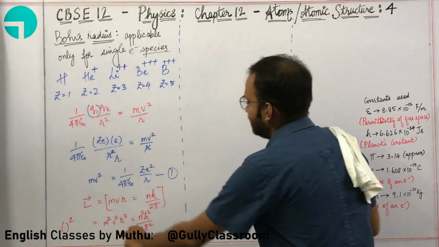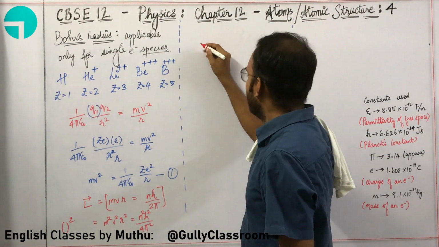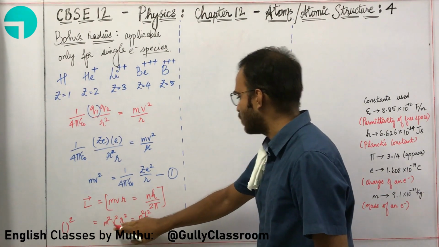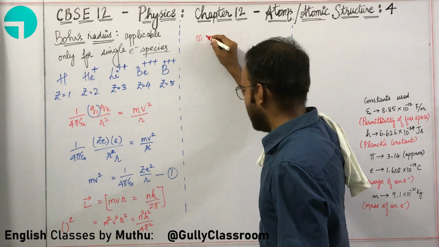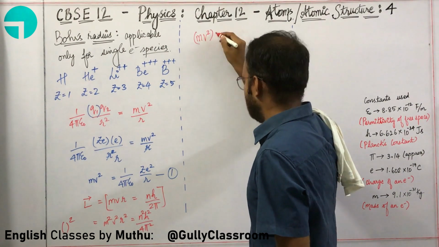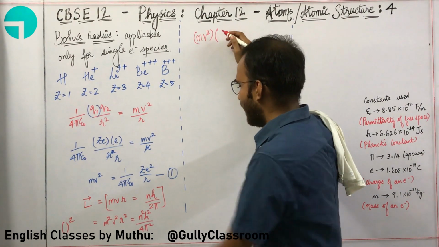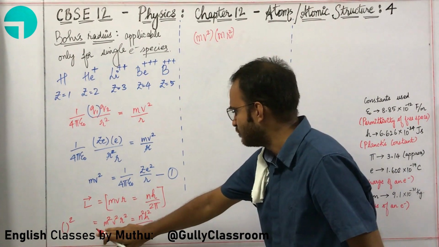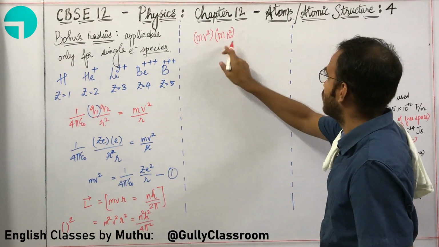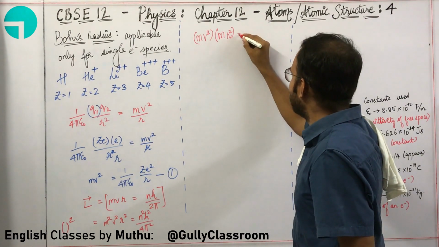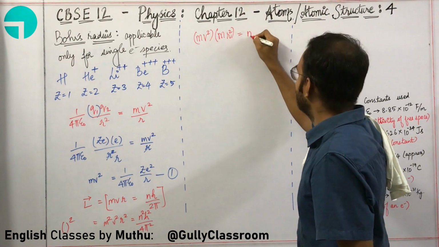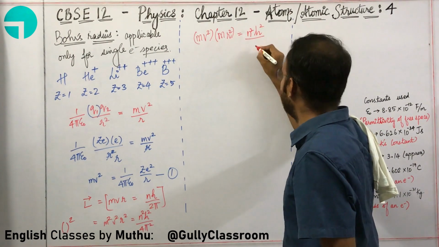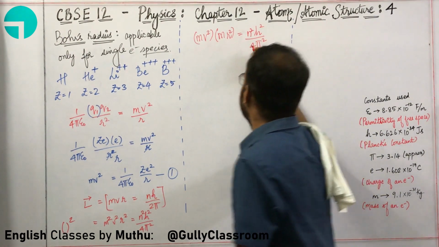Can I write m square v square r square as mv square into mr square? Yes, it can be written like this, equal to n square h square divided by 4 pi square.